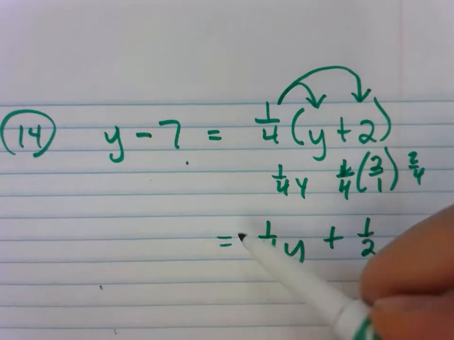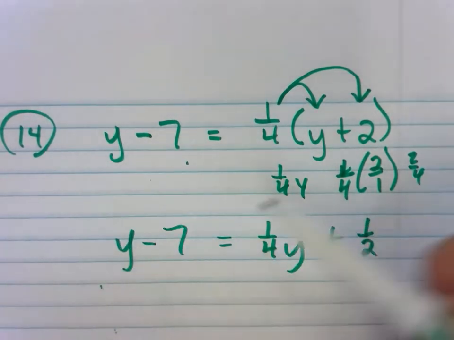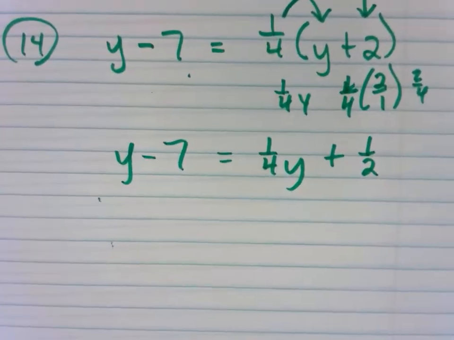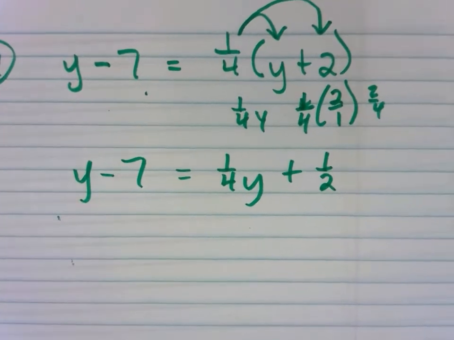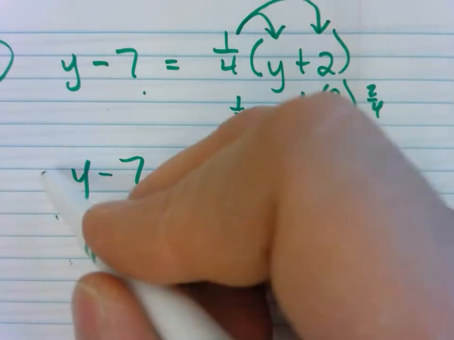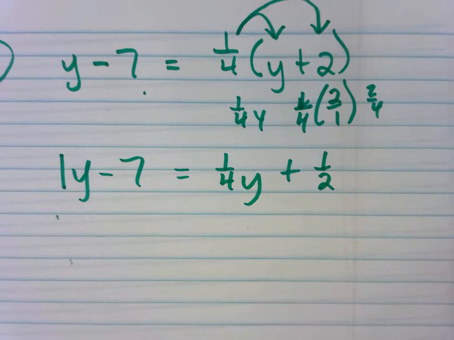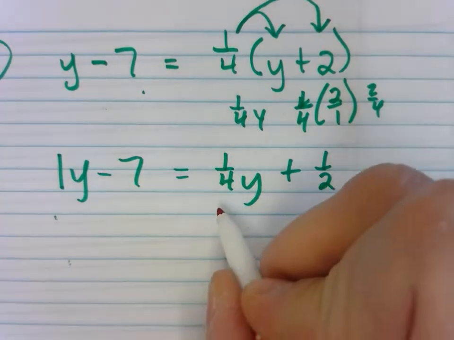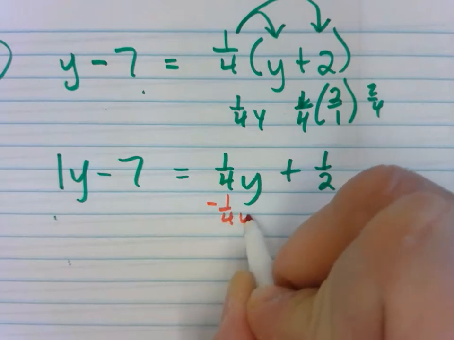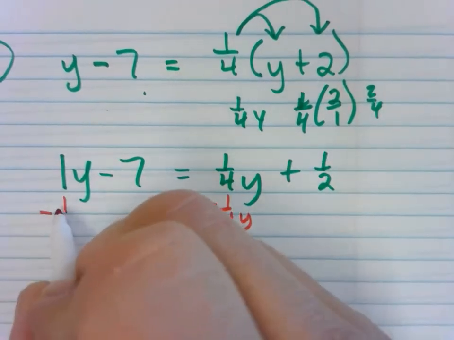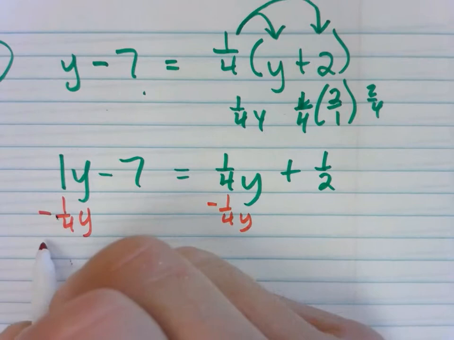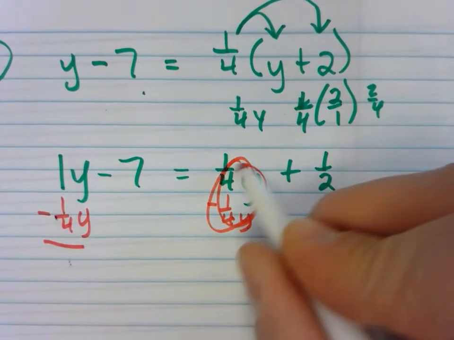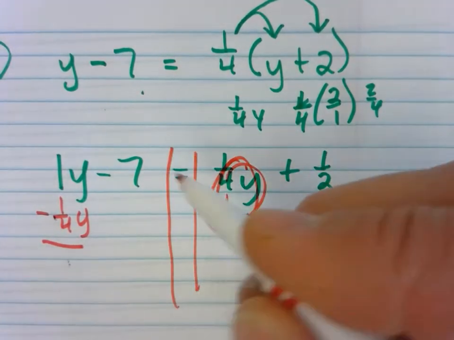Alright. And over here I still got y minus 7. It's going to be real interesting to see what we do here. Okay. So that is a whole 1 y. So now I'm going to do minus 1/4, and over here I'm going to do minus 1/4. 1/4 minus 1/4 is of course 0, that's zeroed out.